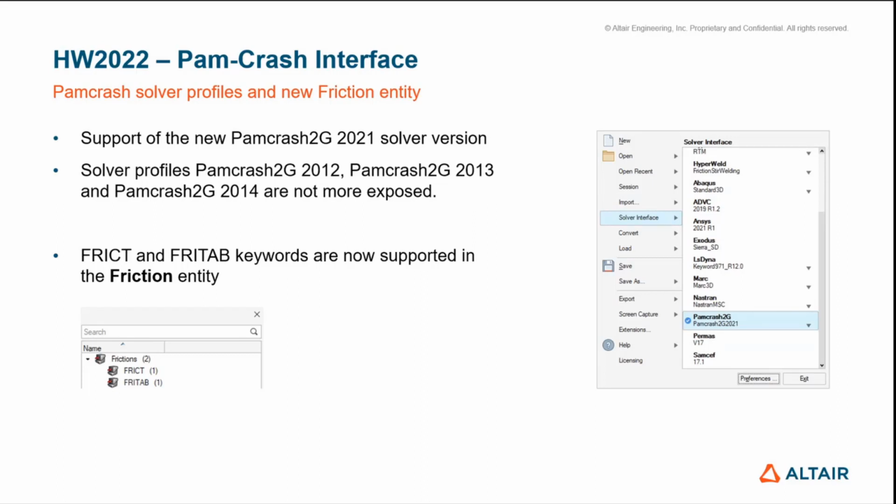So today in the 2022 release, you have the friction entity available in all the 3 explicit solver profiles, which makes a consistent mapping for your model setup independently of the solver profile you are using. This is what we are continuously doing, and we will continue in that way to make the usability of HyperWorks consistent and easy across all the different profiles.